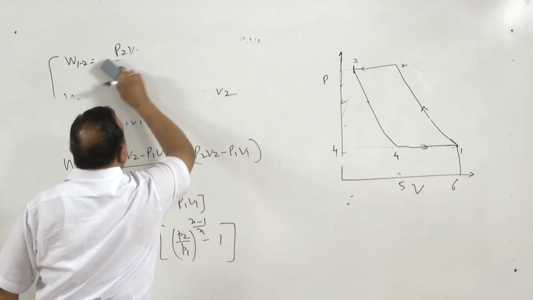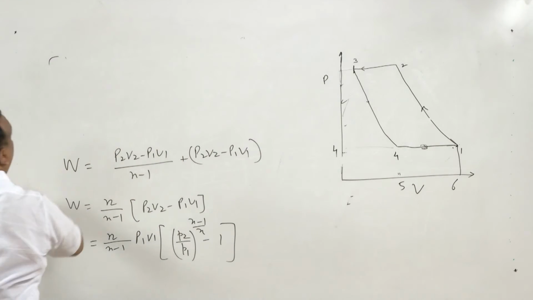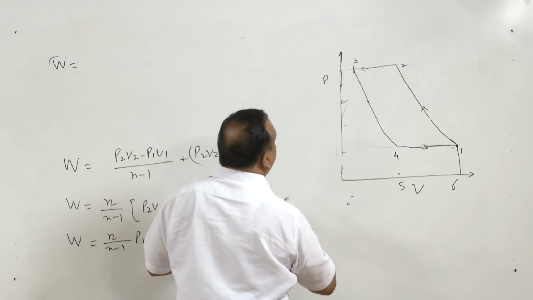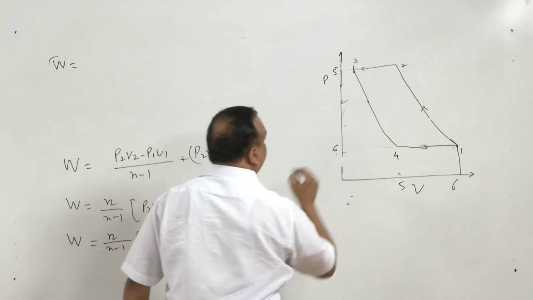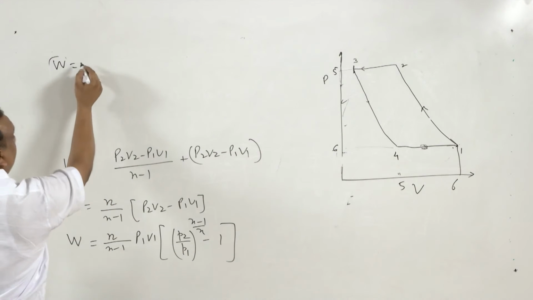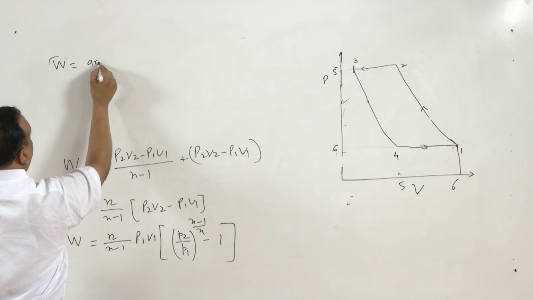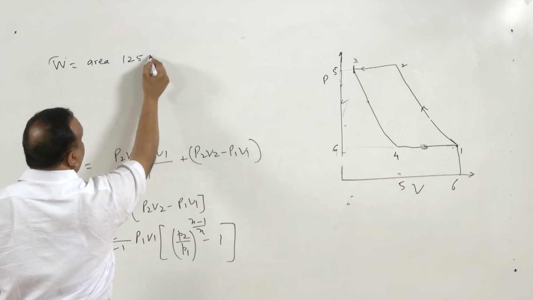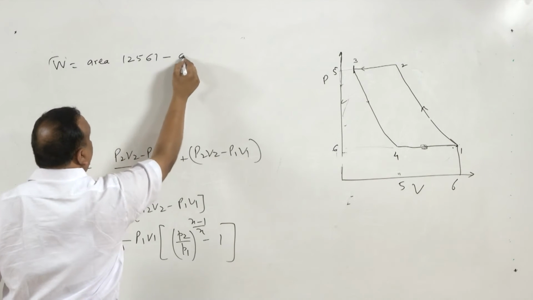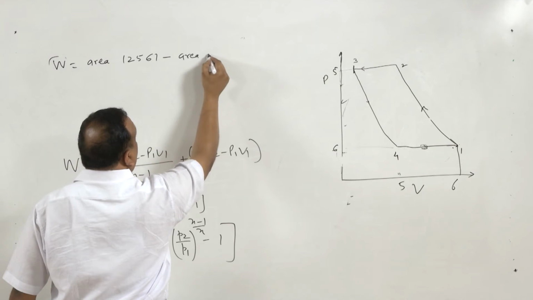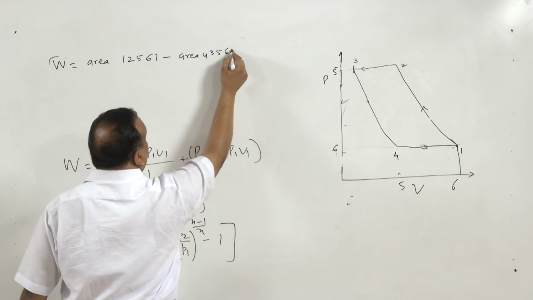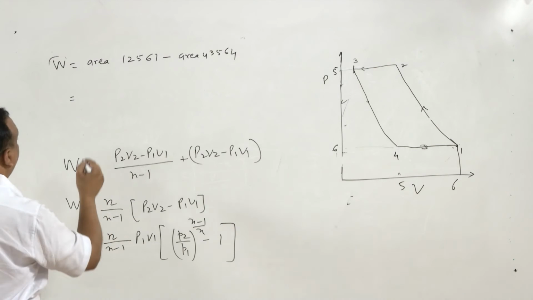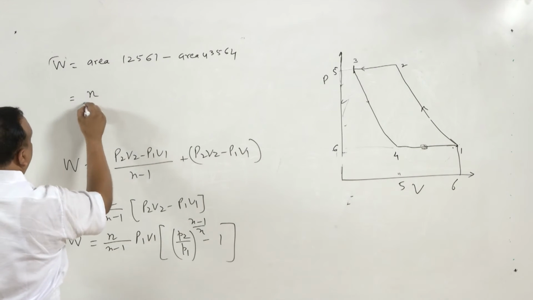So the net work done for this, let us take 5 and 6, will be area 12561 minus area 43564. Area 12561 we have already derived.